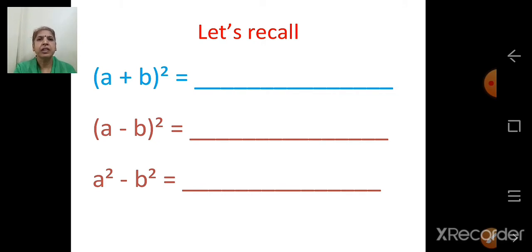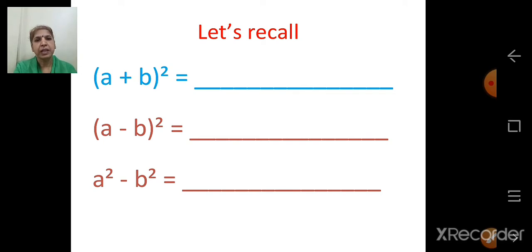Let's recall the important formulae which we have studied in the previous sessions and which will be helpful in solving practice set 6.4. A plus B the whole square. Now what is the formula? Children, you have to write the formula. A plus B the whole square is equal to A square plus 2AB plus B square.